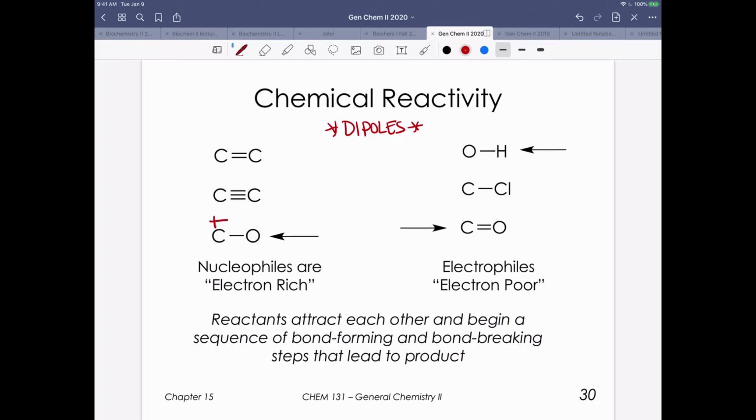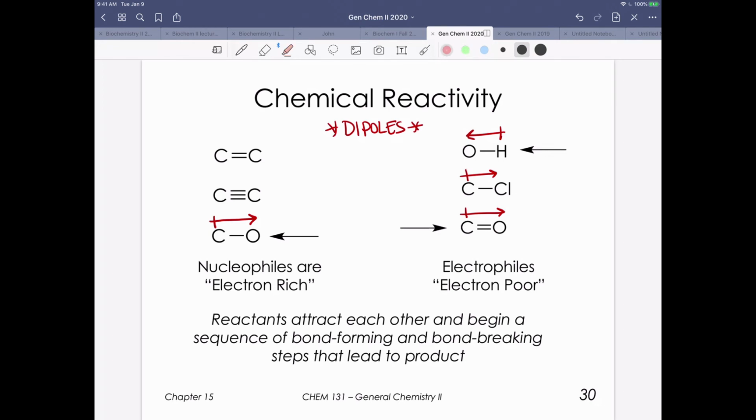We're always going to draw our arrow to the more electronegative atom. Okay, so again, carbon and oxygen bonds are always going to be drawn like this. Carbon-chlorine bond. In this case, the oxygen atom is more electronegative than the hydrogen. Okay, so here are 2 terms that I want you to understand. Again, there's a lot in this chapter, especially this second lecture, that is just about names and describing things.